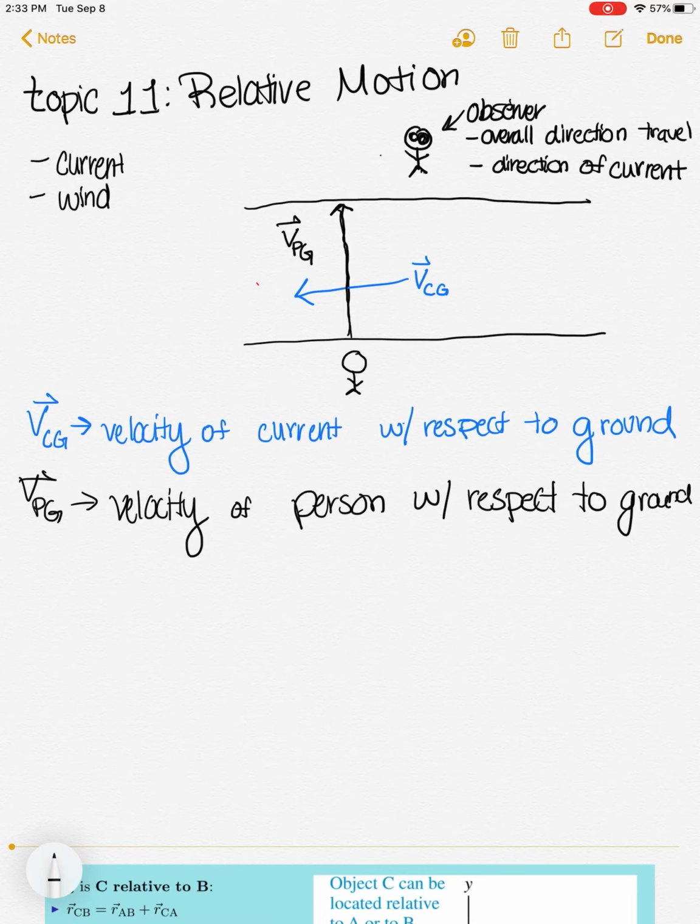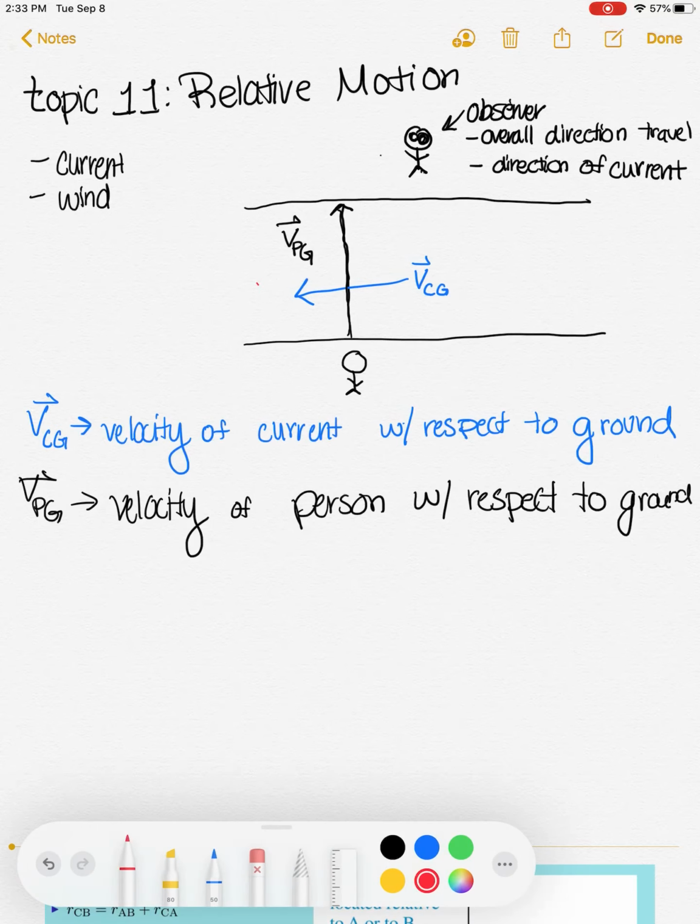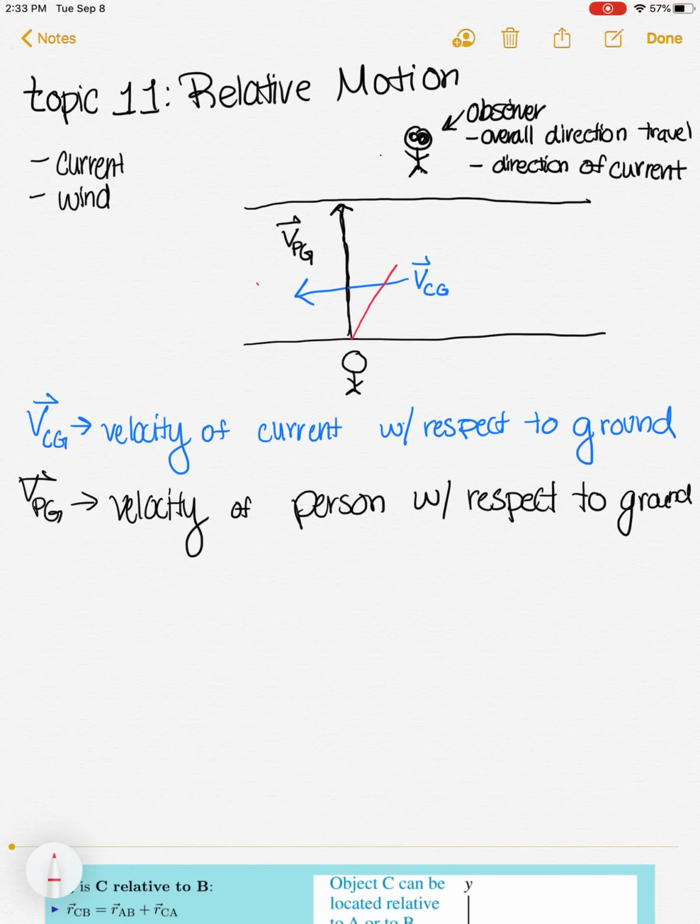Here we are talking about ground in terms of the observer, since the observer is standing on ground that isn't moving. So then we're going to draw a third vector, which is essentially the direction that the person needs to go with respect to current. So this is VPC.